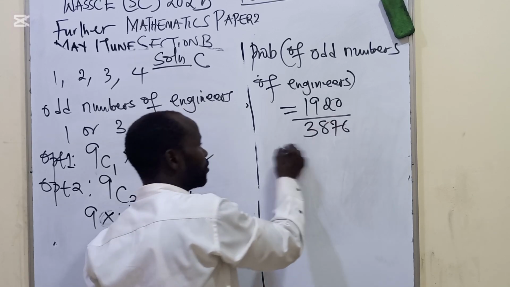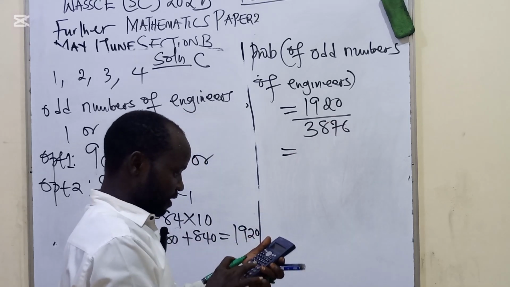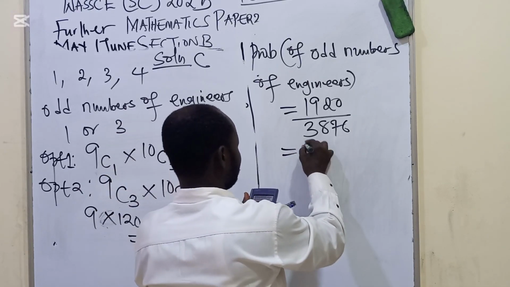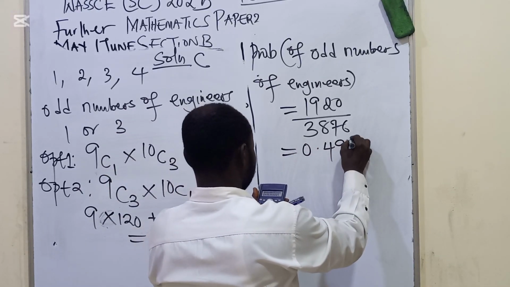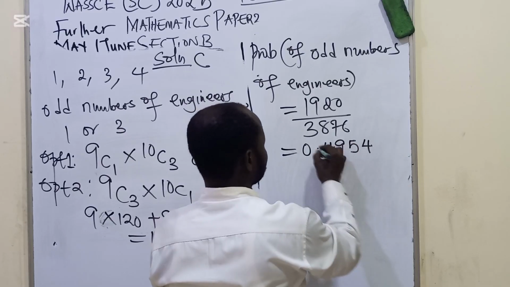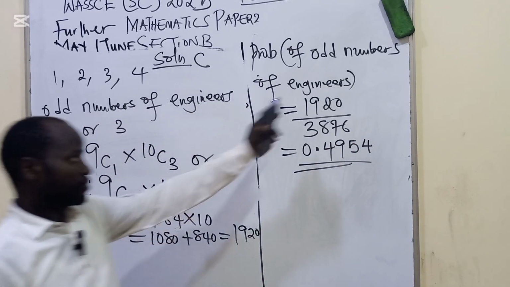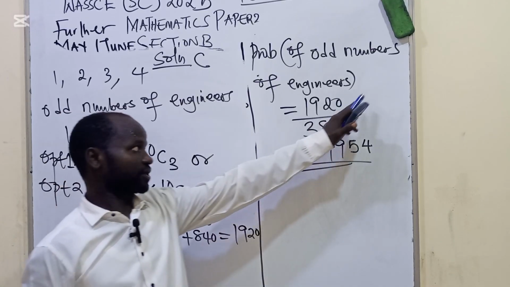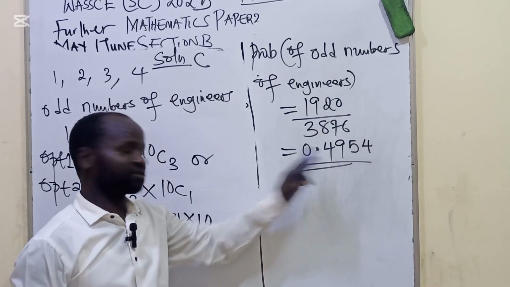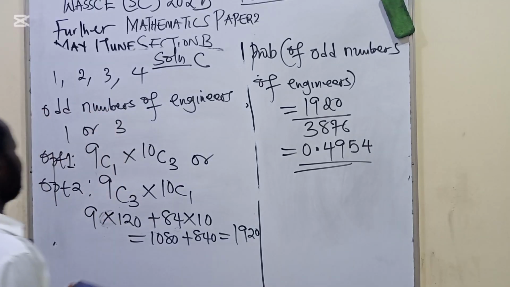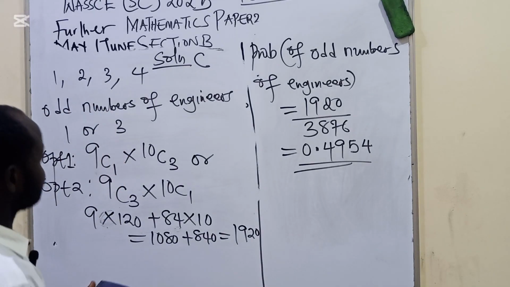We can reduce this or let's leave it as a decimal. What do we have? 0.4954 to 4 decimal places. So this will be the probability. As I said, we can reduce this fraction to its lowest term and leave our answer as a fraction or as a decimal fraction. 0.4954. So this will be the solution to C.